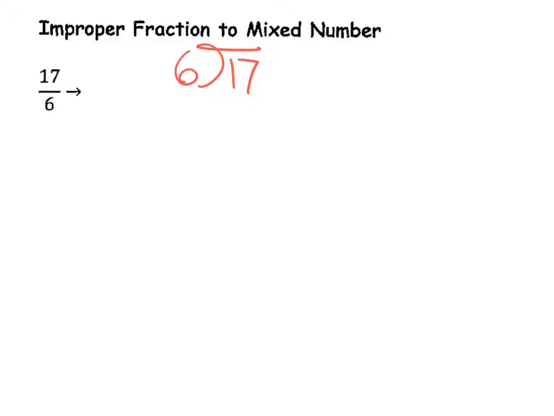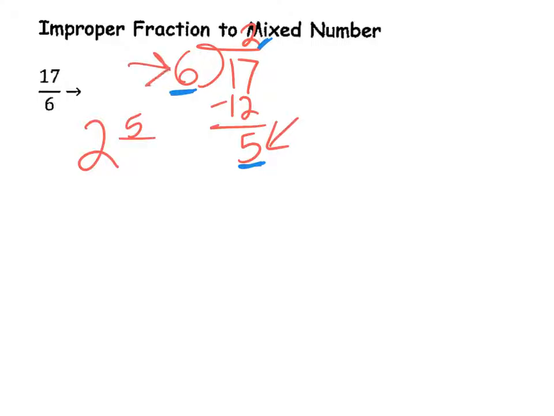It really only goes in 2. That's 12. What's my remainder? So I'm going to use this 5, this 2, and this 6. It goes in 2 whole times with 5 left over. That's my numerator. And the original denominator that we started with, 6.